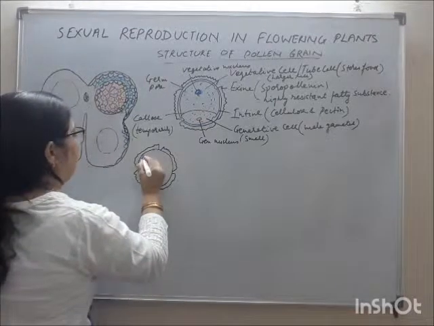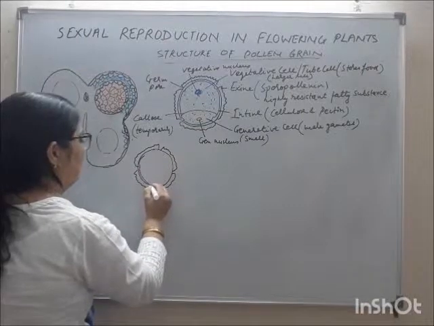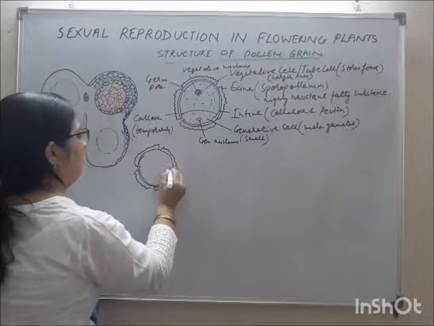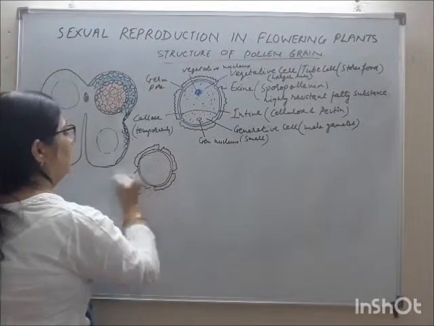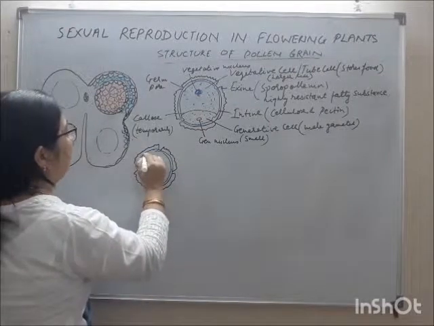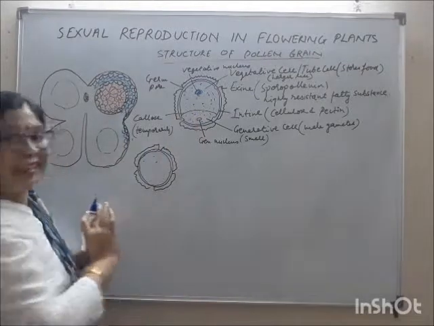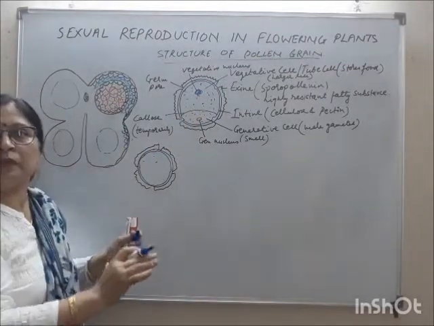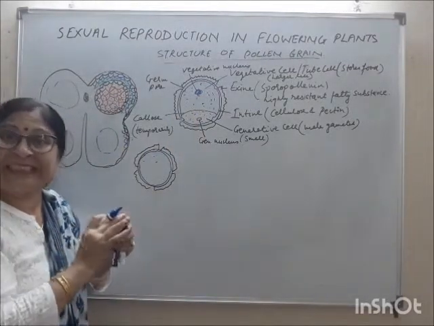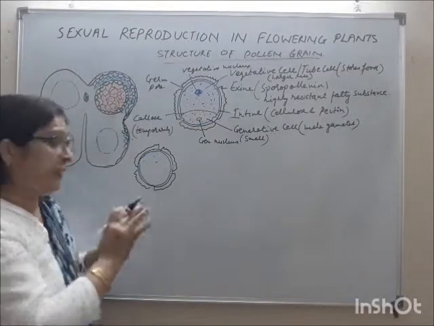This is intine, and this is the vegetative cell. When this callus wall degenerates, it dissolves with the help of callus enzyme produced by tapetum.